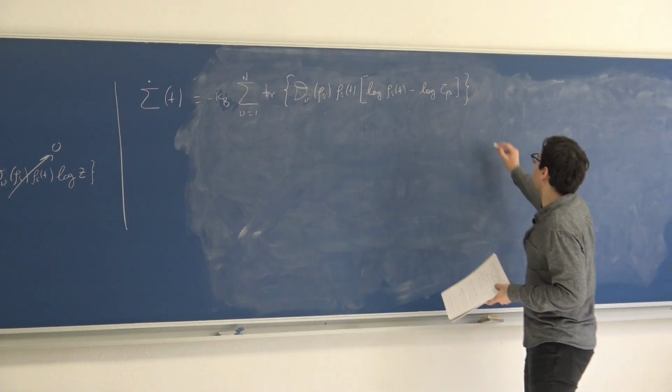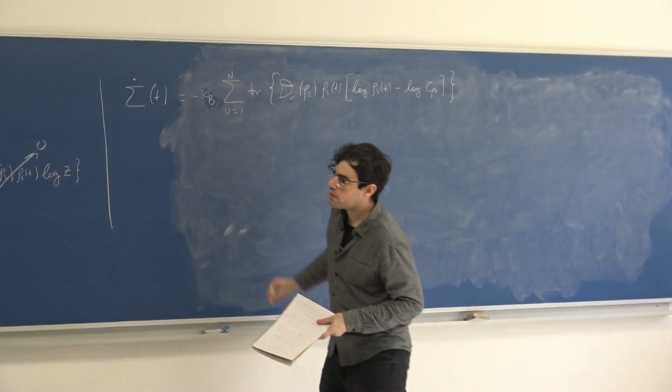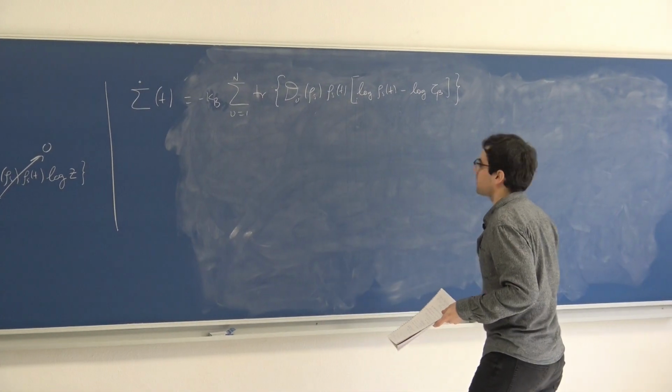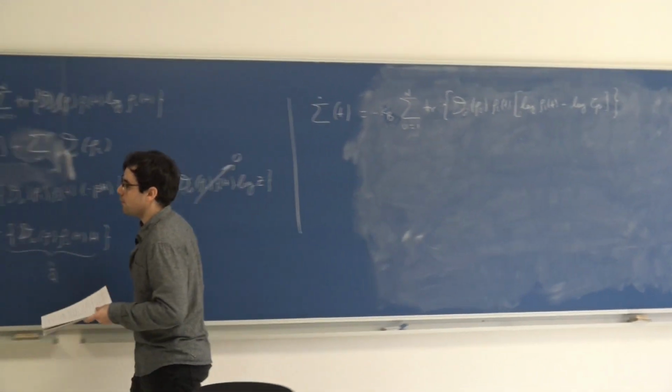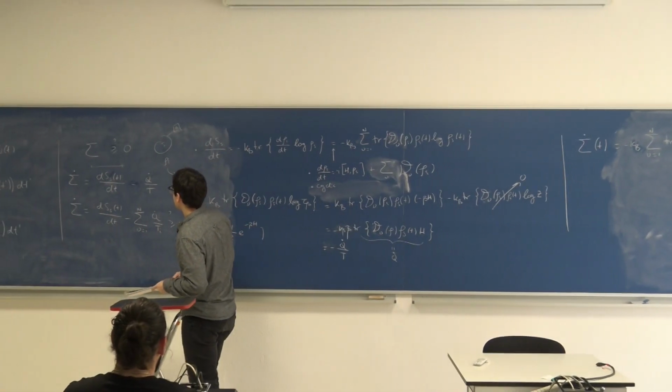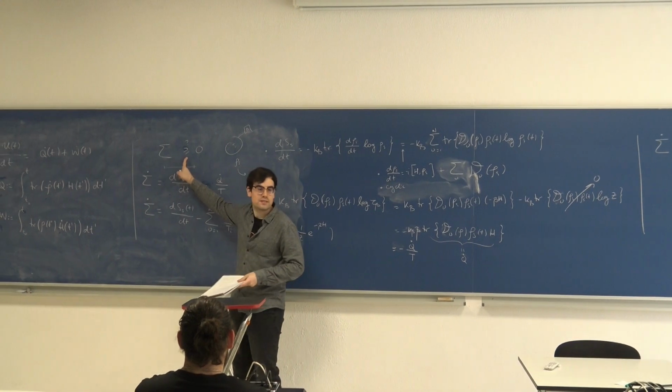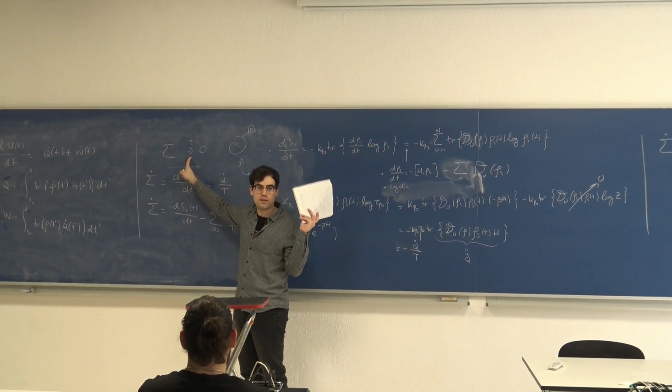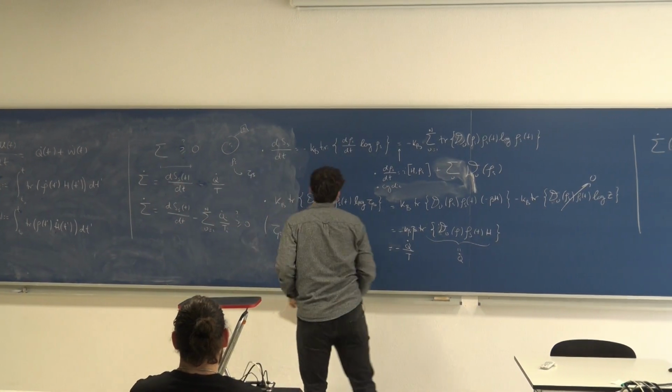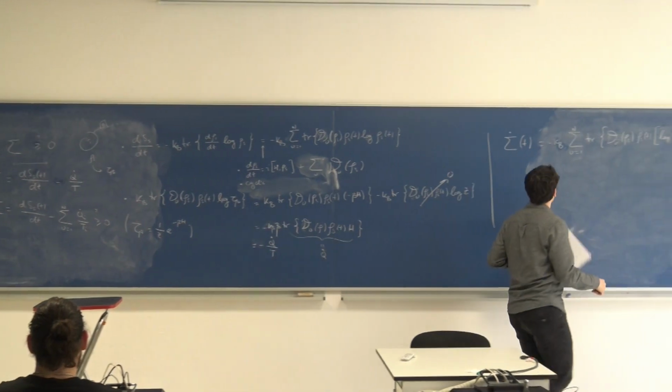So what we are seeking is basically some kind of an expression to state that entropy production is greater than 0. But in that shape we cannot know.